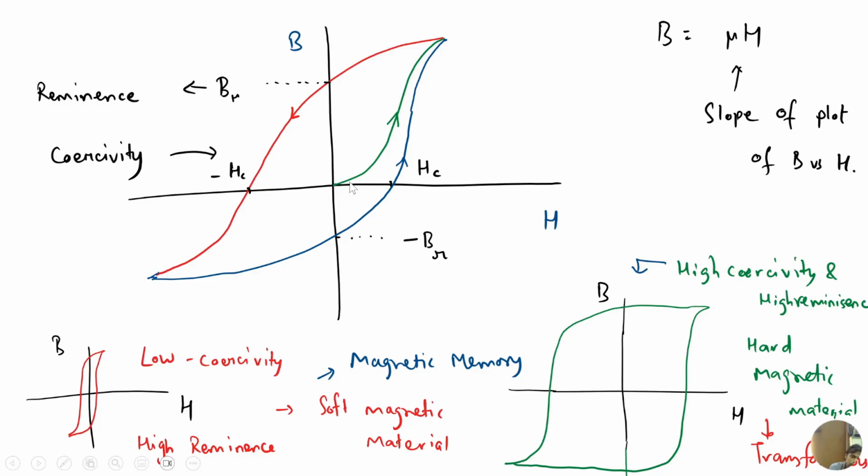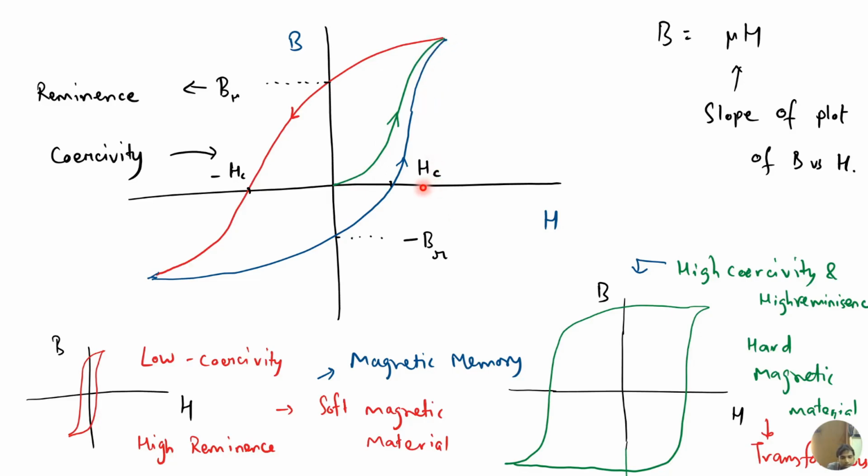So in this experiment what we are doing is increasing H, then decreasing H, and then again coming back to zero magnetic field strength. And in this cycle of changing the magnetic field strength, we are trying to measure the magnetic field induction. When we start increasing the magnetic field strength, we reach a certain value of magnetic field induction.